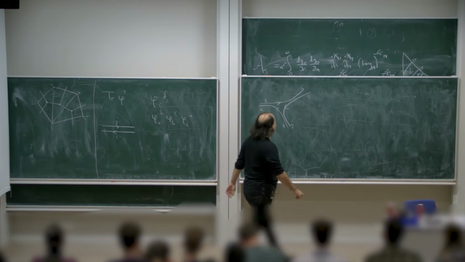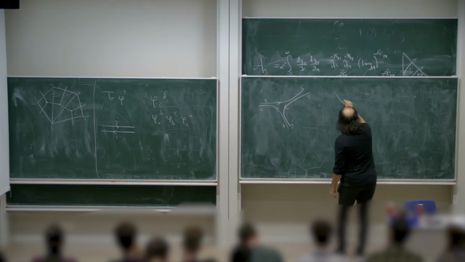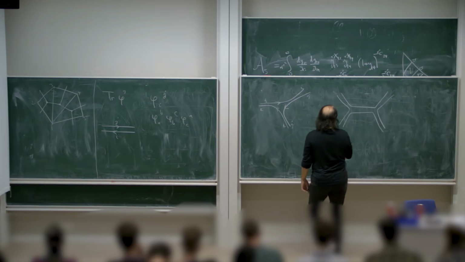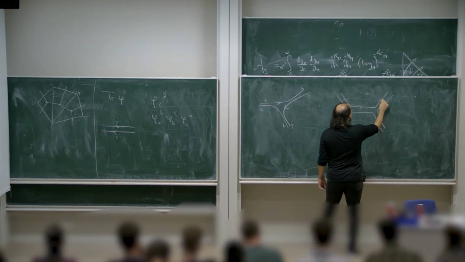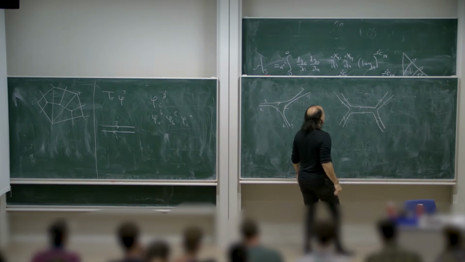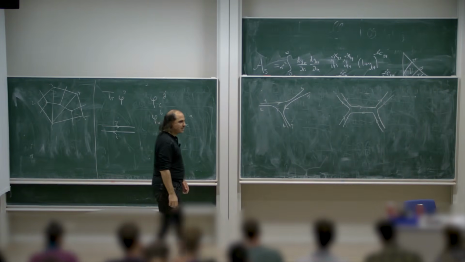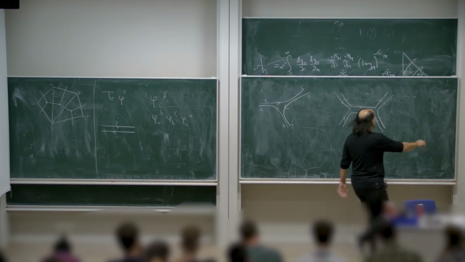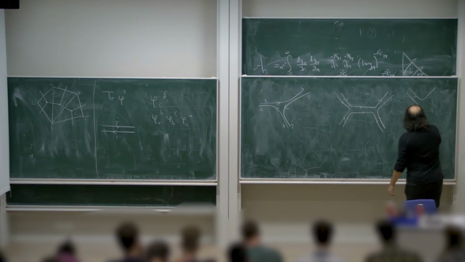So how would I draw a 4-point diagram? You would draw it like this. This is the fat graph, or ribbon graph, that Sergio was referring to. Okay? That's one fat graph. This is another fat graph for the other diagram that I would draw.